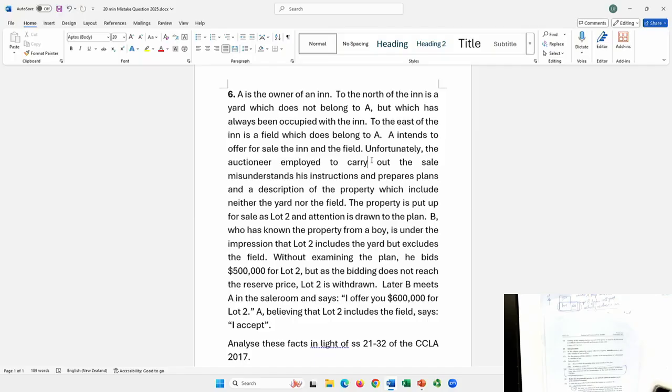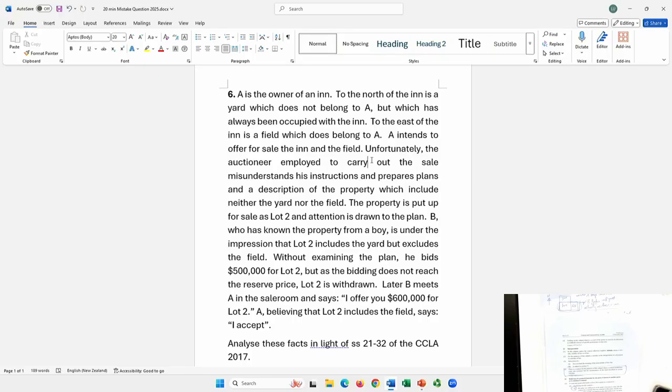What mistakes did they make? B thought that the inn and the yard were for sale. Yep. And that's incorrect. Great, yes. Is that the only mistake? A thinks that they're selling the inn and the field, I think, right? Yes. But that seems correct.